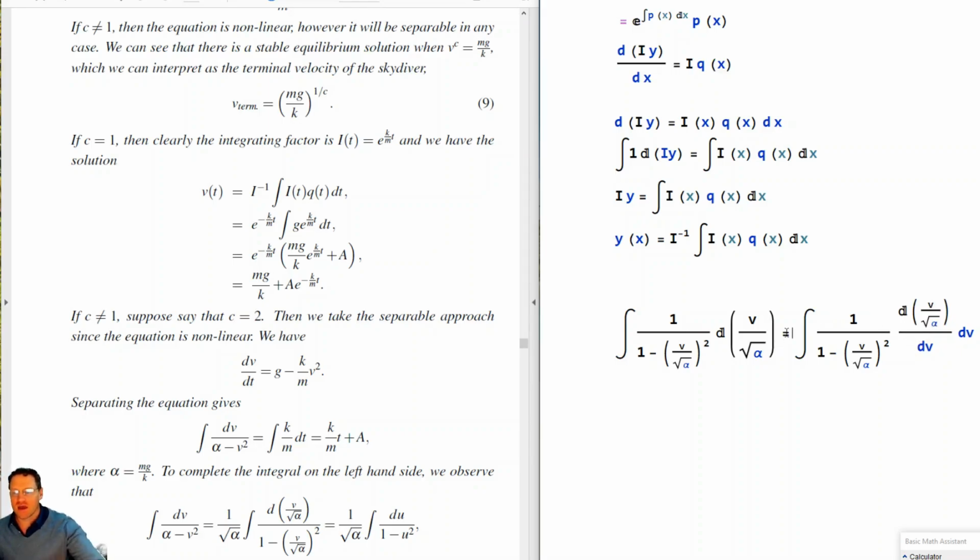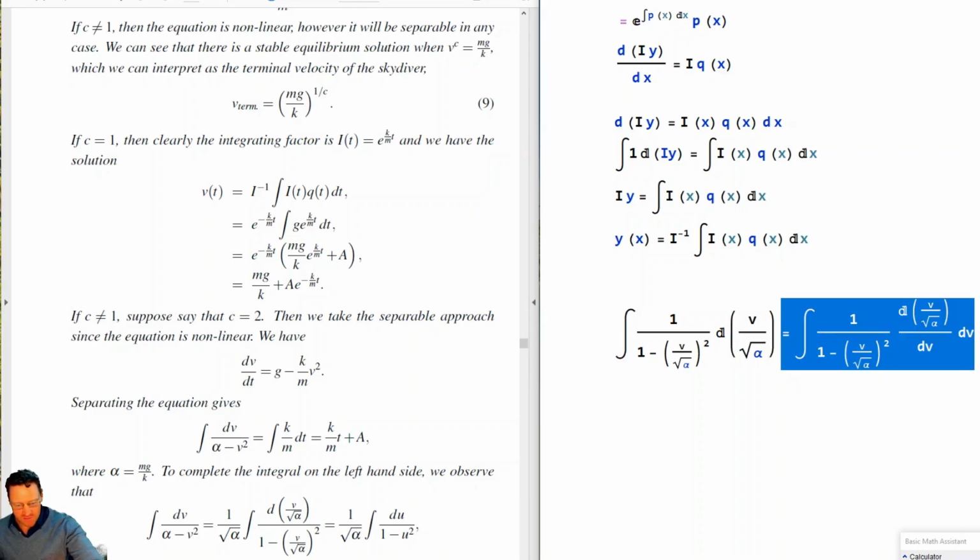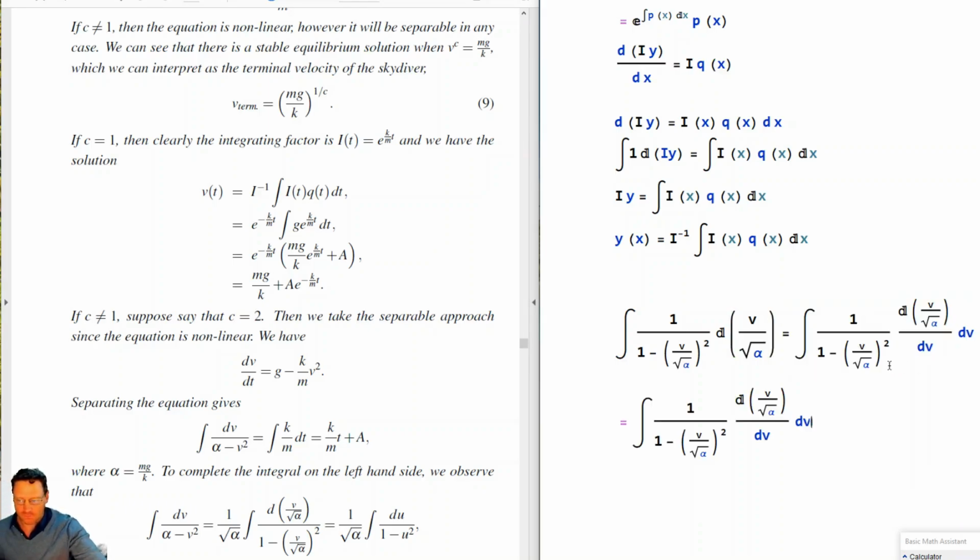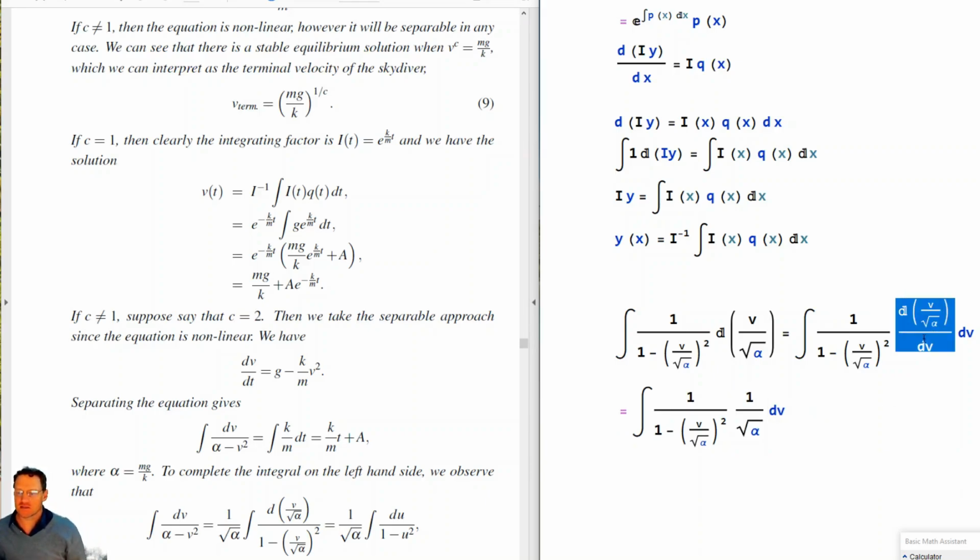Okay, so doing that derivative there will give us 1 over root alpha because that's a constant there. Right, so 1 over root alpha there because that's the derivative of v over root alpha with respect to v.